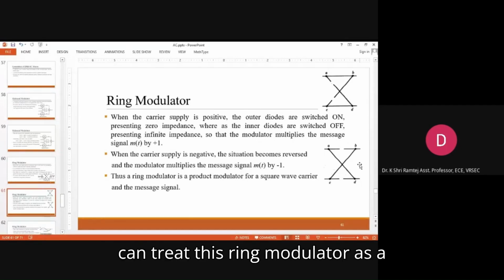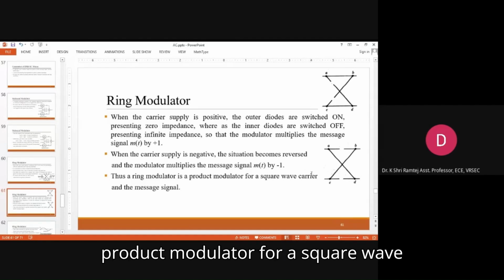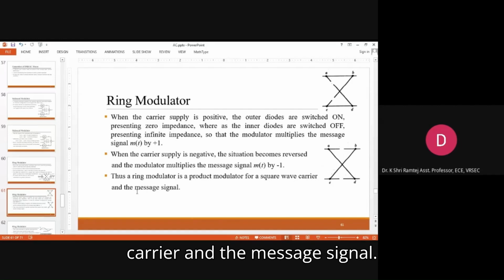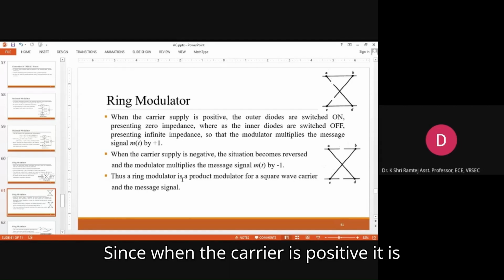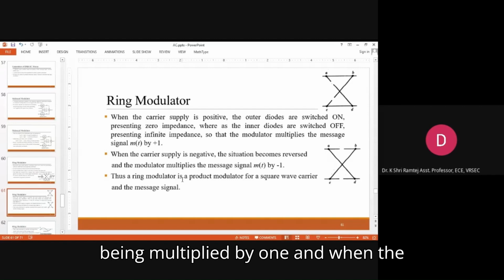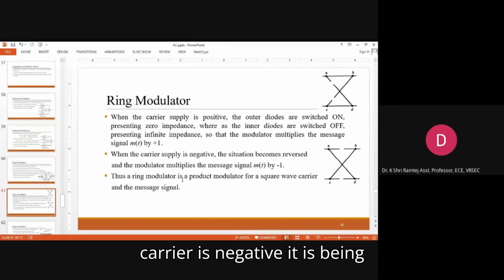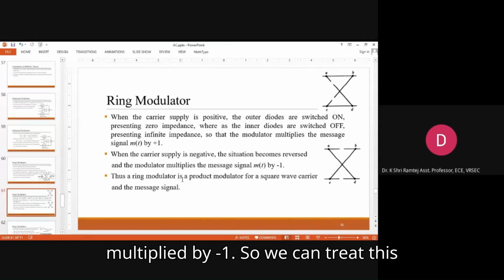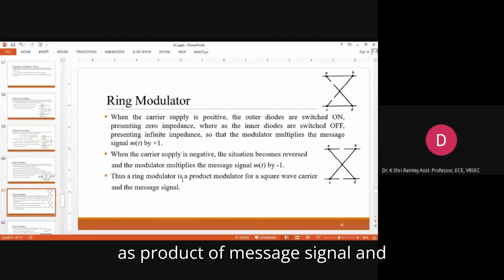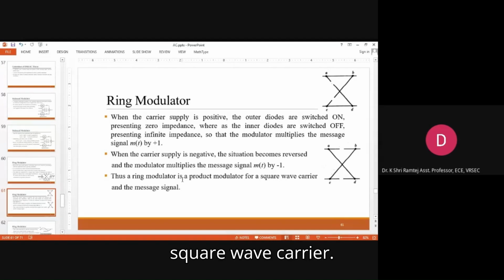Hence we can treat this ring modulator as a product modulator for a square wave carrier and the message signal. Since when the carrier is positive it is multiplied by 1, and when the carrier is negative it is multiplied by -1, we can treat this as the product of the message signal and a square wave carrier.